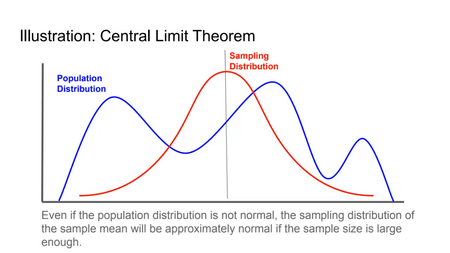So it will look something like this. It will also still have the same mean. So the mean is the gray line here. And yes, it will have a smaller standard deviation, but that's a little bit harder to see in this picture.